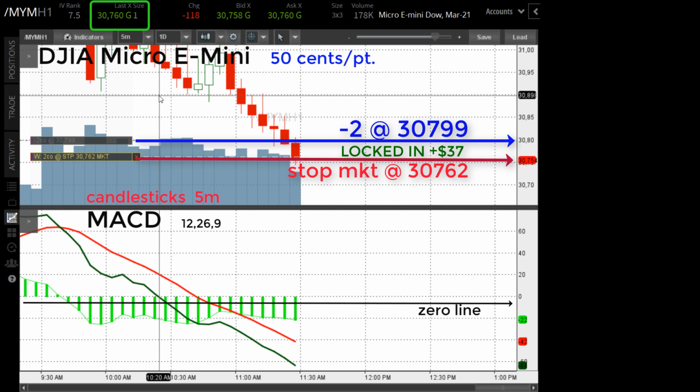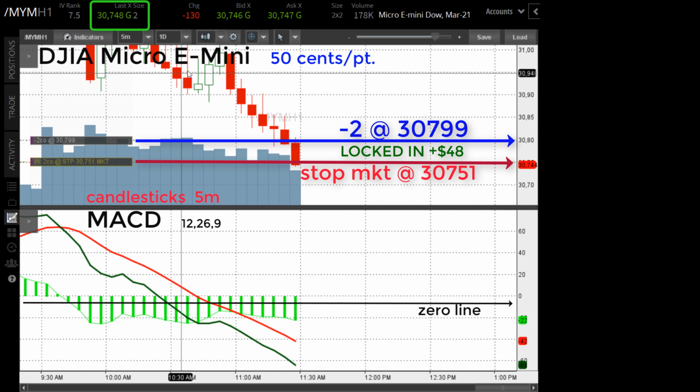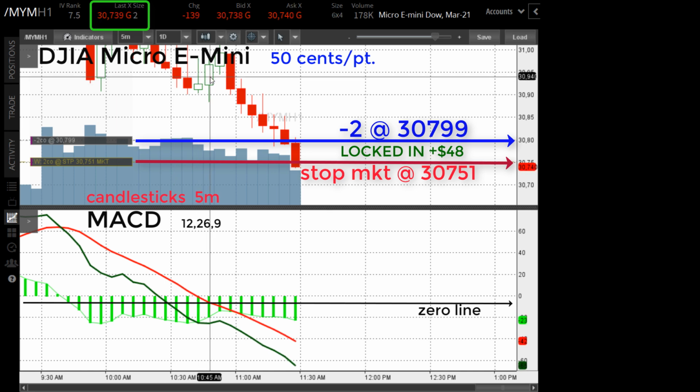And this thing, I almost got stopped out there. It was trading at 30,760, and now all of a sudden I'm down in the 30,740s, 30,744, 48, somewhere in there. So I moved the stop down to 30,751, and I'm trading at 30,741 at this particular moment.